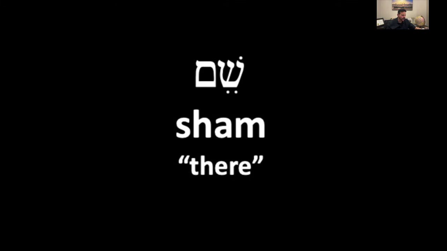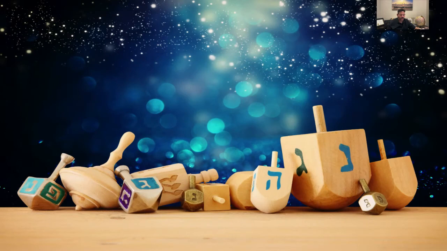And many of you know that when we play with the dreidels at Hanukkah, we have a tendency to find ways to have fun during the festival. We play with the dreidels, and one of the letters is a Shin, Nes Gadol Haya Sham. Sham means there. A great miracle happened there.